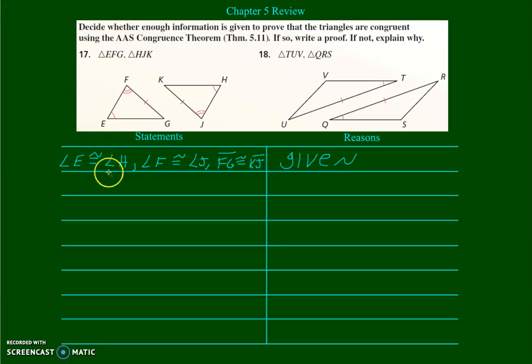So we've drawn in our table, and we have angle E is congruent to angle H, angle F to J, and FG is congruent to KJ.